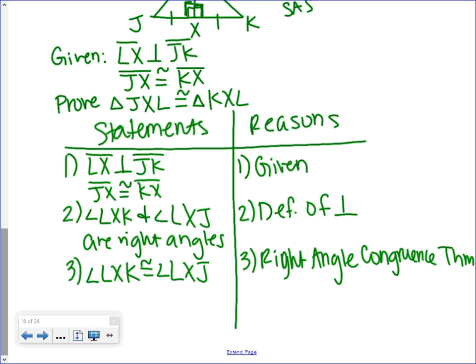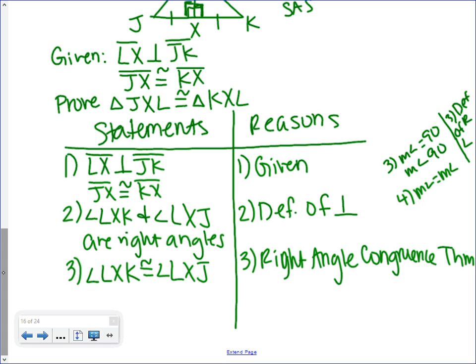So if you would rather say step 3, the measure of the angle equals 90, the measure of this angle equals 90, and the reasoning be definition of right angle, and then set the angles equal to each other and use substitution, you could definitely do that. Or you can use the right angle congruence theorem. Either one would work.